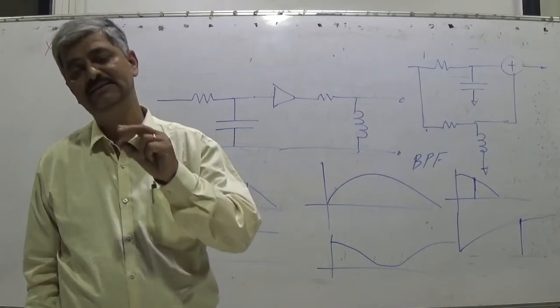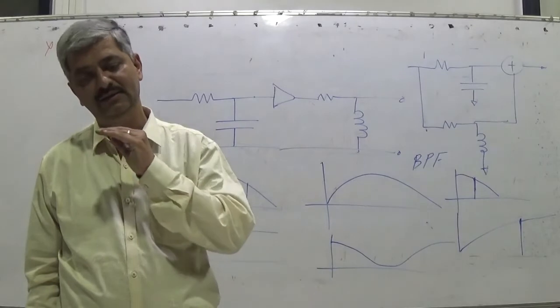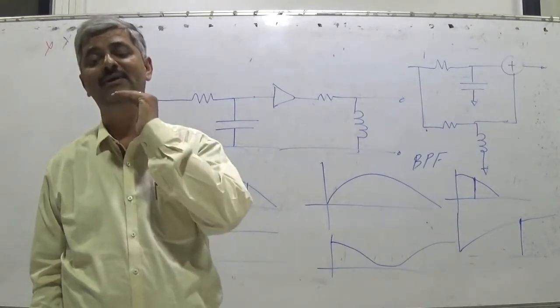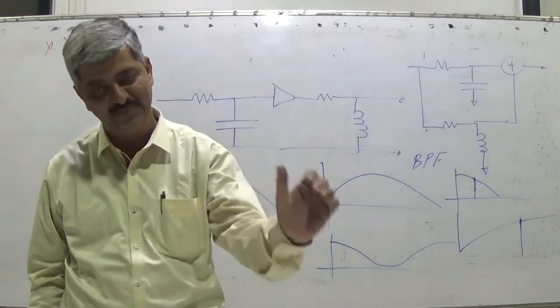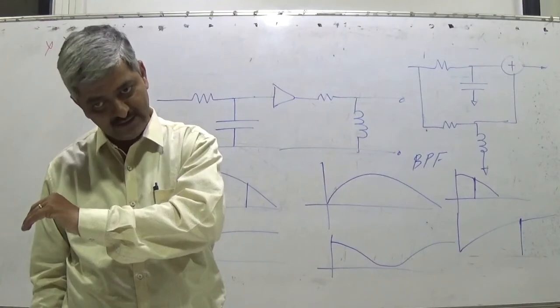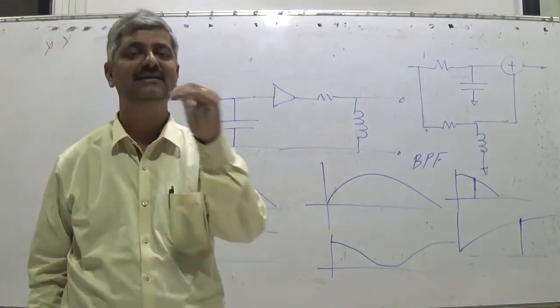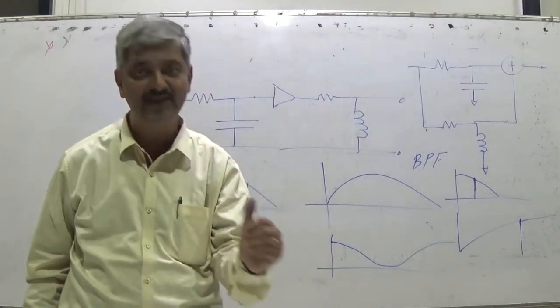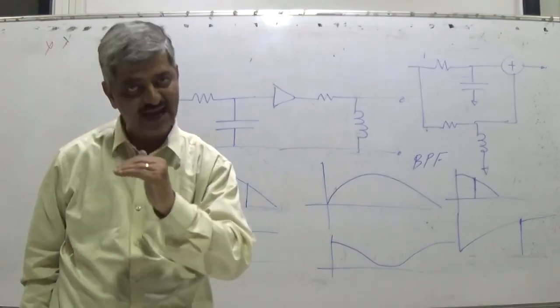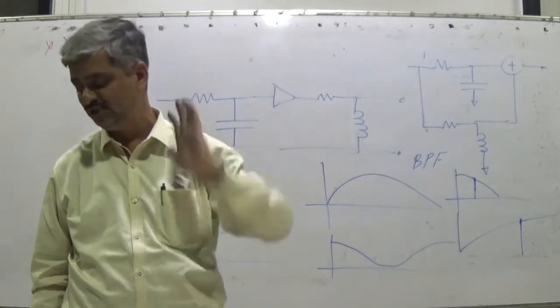If A omega decreases with omega, it is a low pass filter. If A omega increases with omega, it is a high pass filter. If A omega initially increases and then decreases, it is a band pass filter. If A omega is higher, reduces and then again increases, it is called a band stop filter.